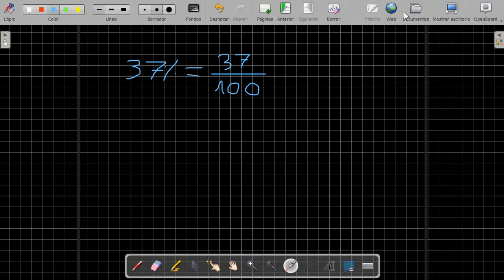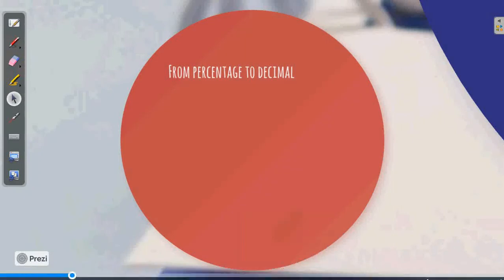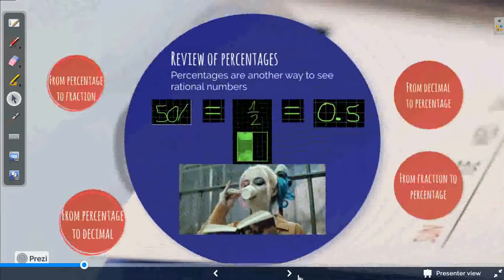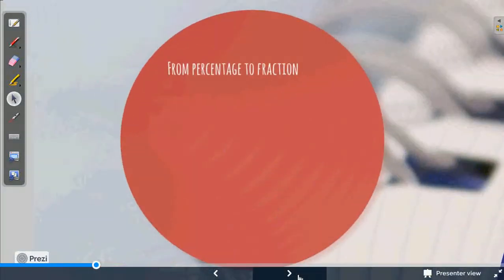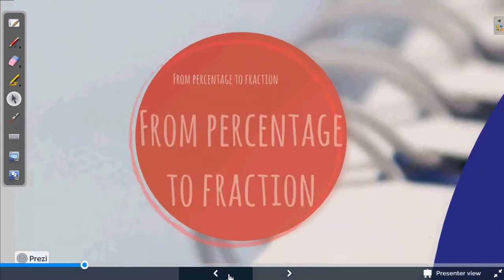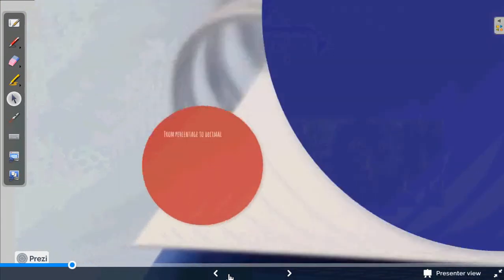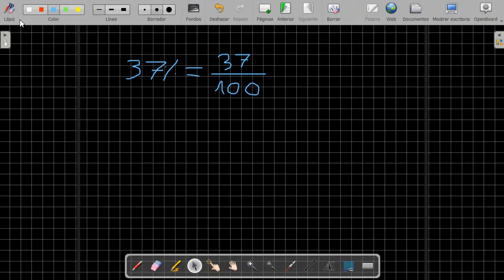Finally, there is one last case. What do we have to do if we have to convert from percentage to fraction? Oh, sorry, no, we were talking about the case of percentage to decimal. We haven't finished. Alright, if we need to convert from percentage to decimals, first of all, place the 100 below the 37.